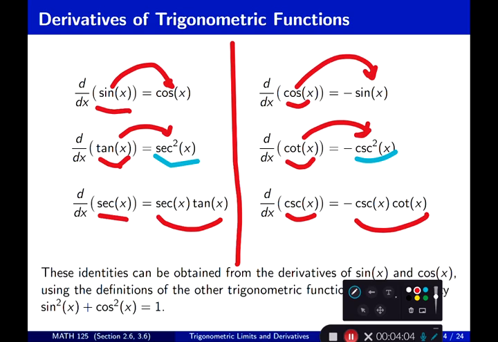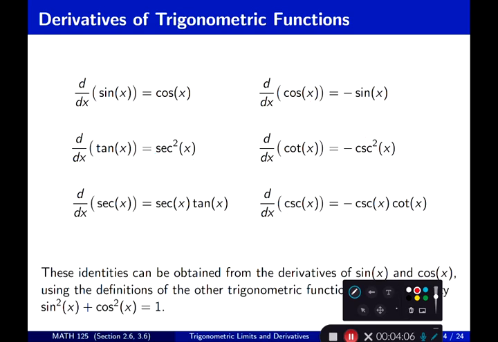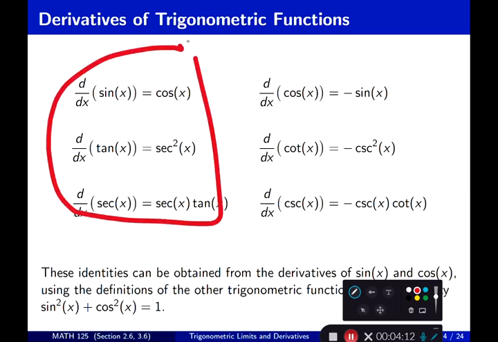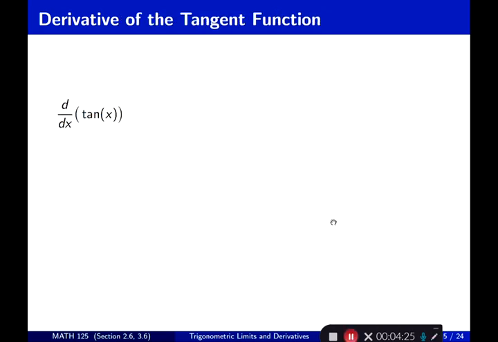So basically, if I learn the set on the left, then I can assume that all the co-functions are going to have the co-function derivative with a negative sign. So we have to memorize all these derivatives: sine of x, cosine of x, tangent of x, cotangent of x, secant of x, cosecant of x.